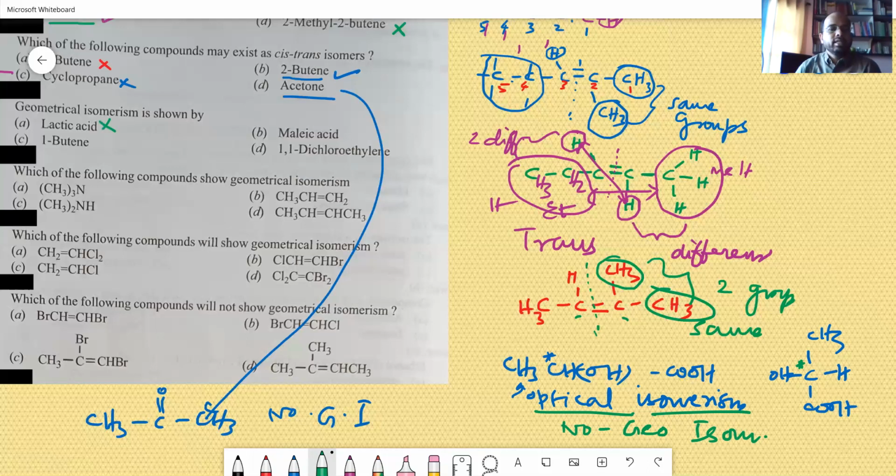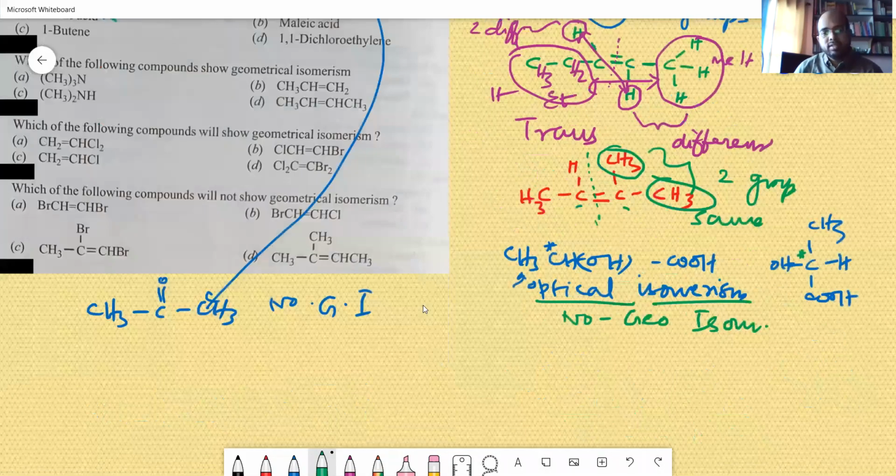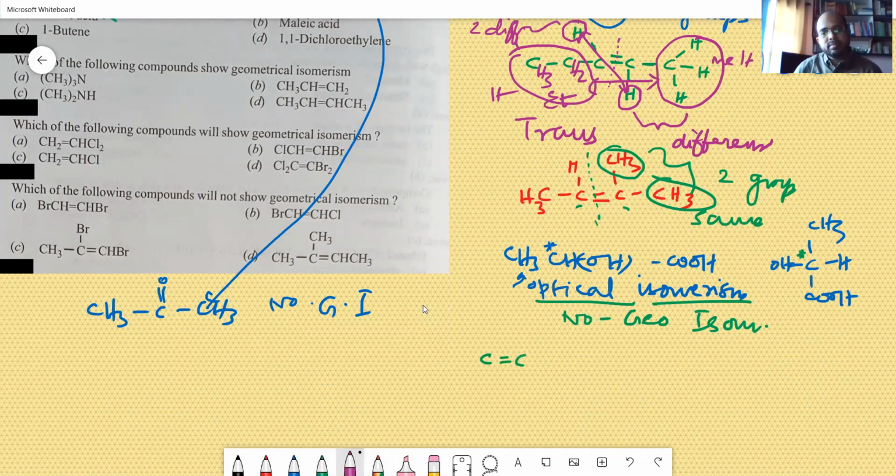Malic acid and fumaric acid you have studied in geometrical isomerism. Now this is C double bond C, with COOH and H, and here you have H and COOH. So this is fumaric acid because it is a trans compound.